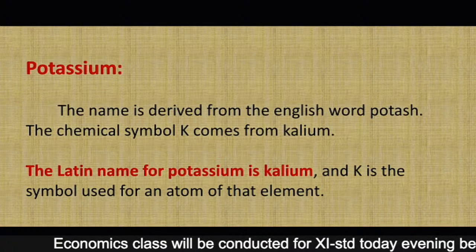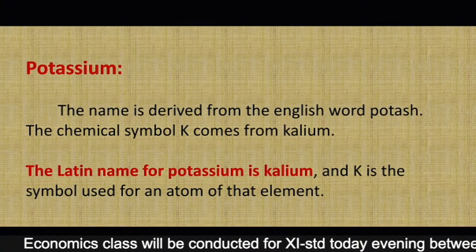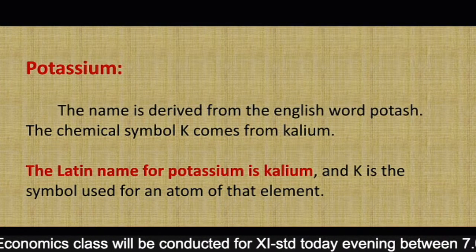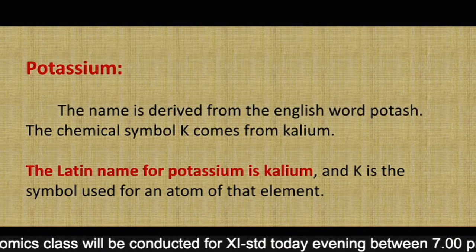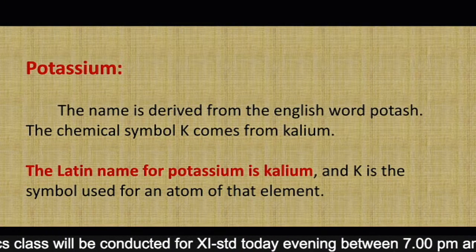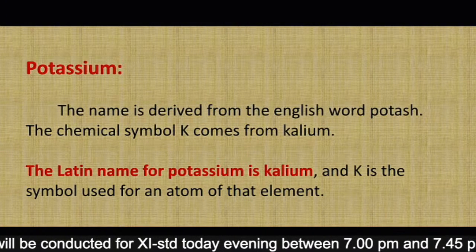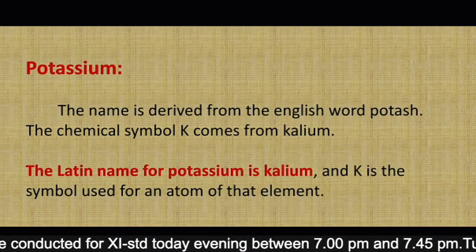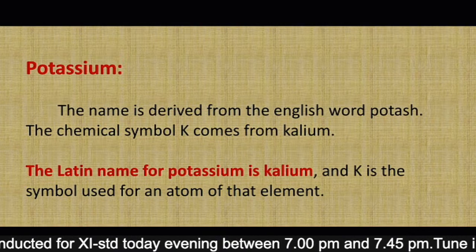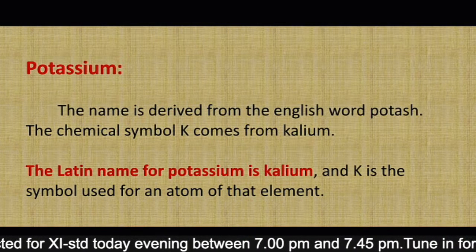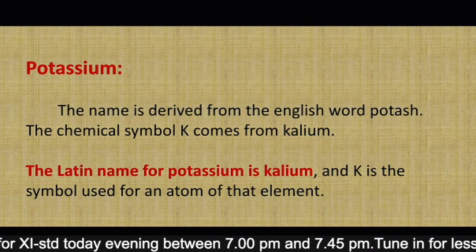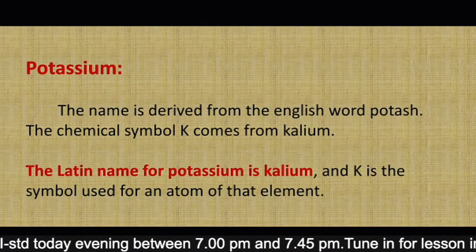The chemical symbol K comes from kalium. What is kalium? That is another name of potassium. Listen to it. The Latin name of potassium is kalium, and K is the symbol used for an atom of that element. Okay, kalium அப்படின்ற நேம்ல இருந்து தான் இந்த பொட்டாசியத்தோட சிம்பிள் K ன்னு நமக்கு வந்திருக்கு.